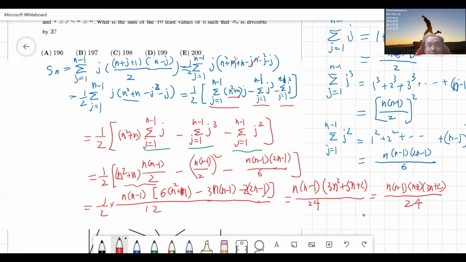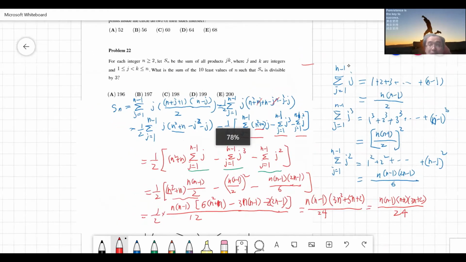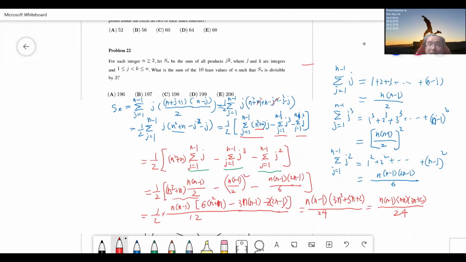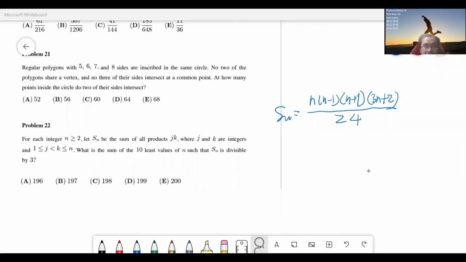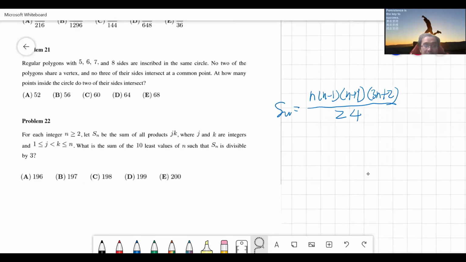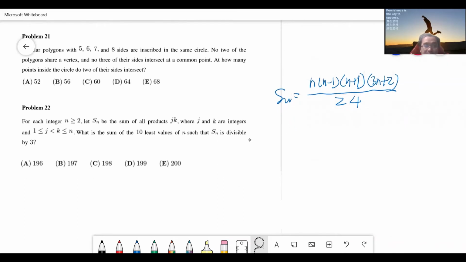All right, so this basically is the simplification. Let me clean the board. We're going to just write on the top. Okay, so question number 2. Sn has this general formula: n times n minus 1 times n plus 1 times 3n plus 2 over 24.